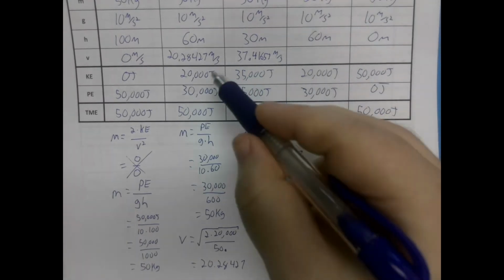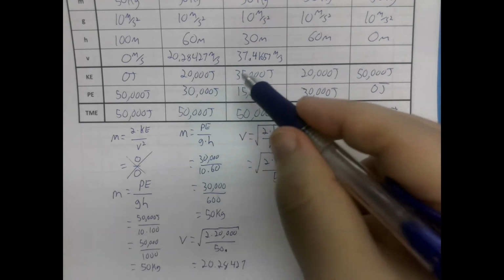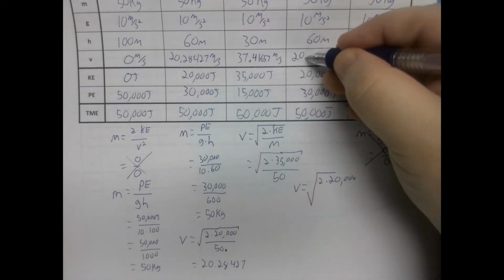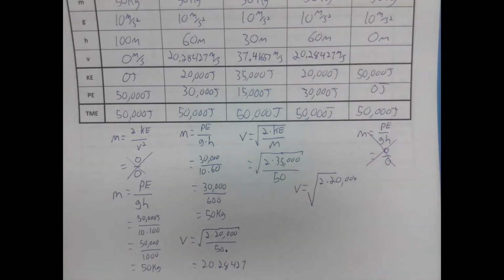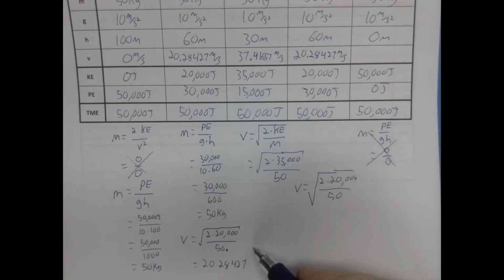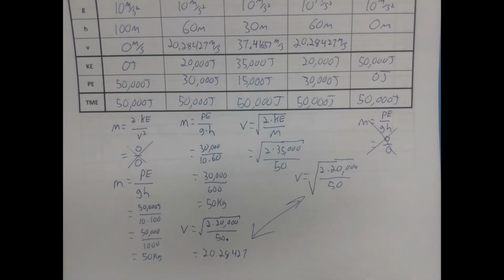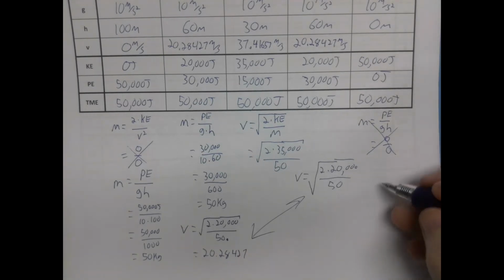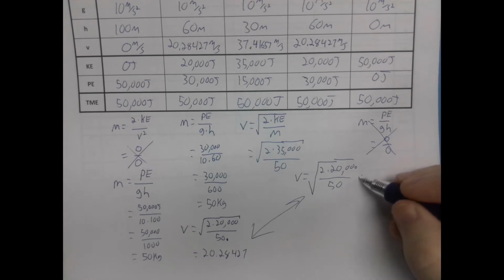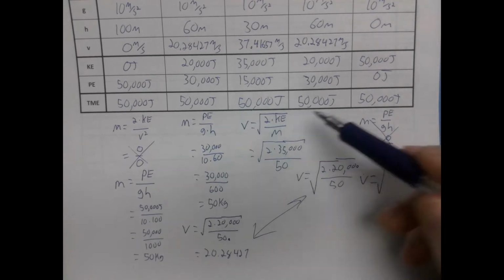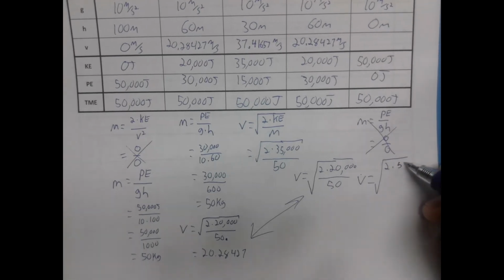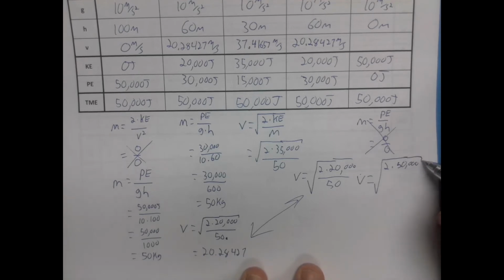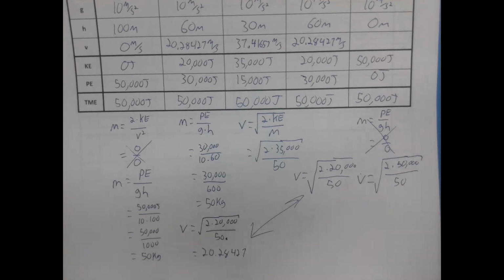Do these have the same kinetic energy? That means they have the same speed. If the kinetic energy is the same, we don't have to redo the calculation because it'll work out to be the same. Is this 2 times 20,000 divided by 50? So these are the same numbers. And for the last one, speed is equal to the square root of 2 times kinetic energy. So 2 times 50,000, divided by mass of 50.